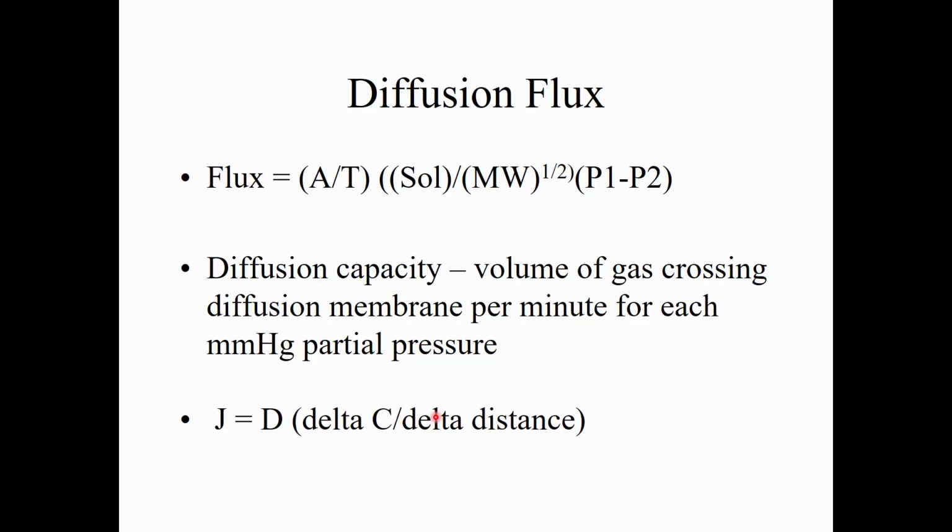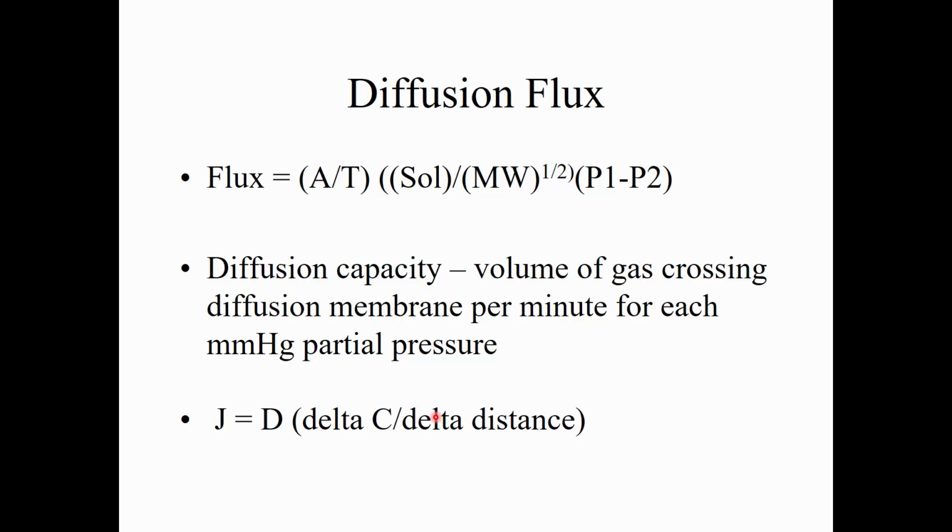That's because when you first start diffusing, you have a big concentration gradient, and then as molecules make their way along, the diffusion front has a smaller concentration gradient. And so diffusion goes slower and slower and slower.